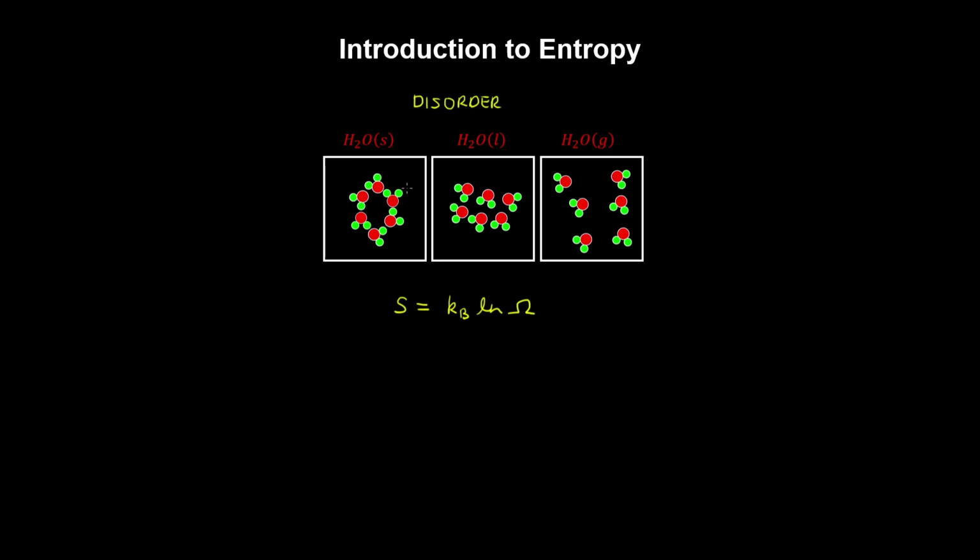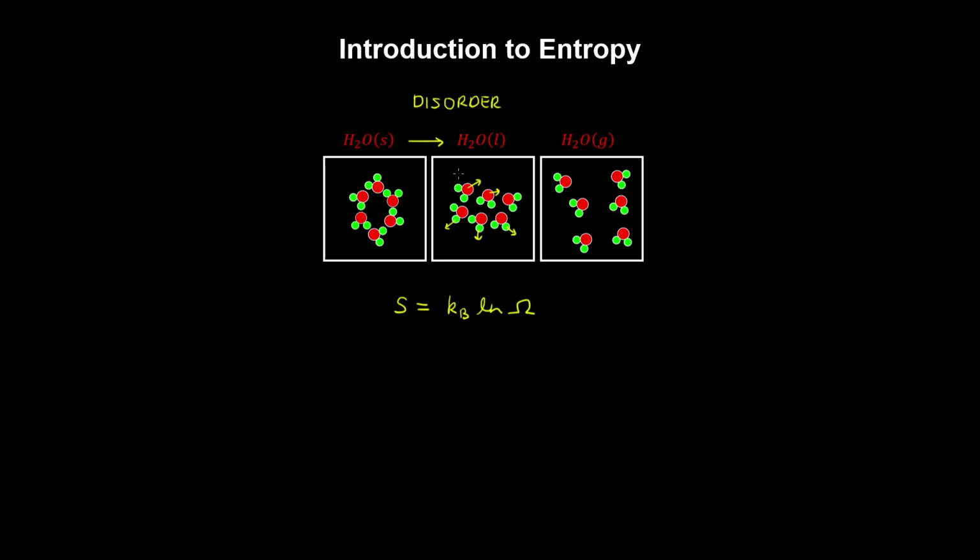So for example, if a solid, being ice, changes phase into a liquid, being water, then the molecules are going to fly around at random velocities.